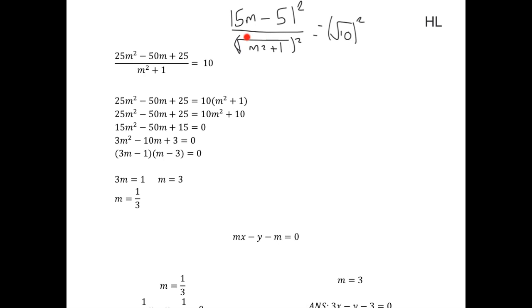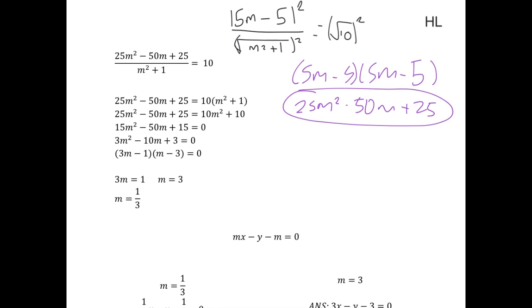So here and here, the square roots just cancel out with the squares, but in here we actually have to work this out as 5m minus 5 times 5m minus 5. So we get 25m squared minus 50m plus 25, and that's what goes in on the top of our fraction over here.